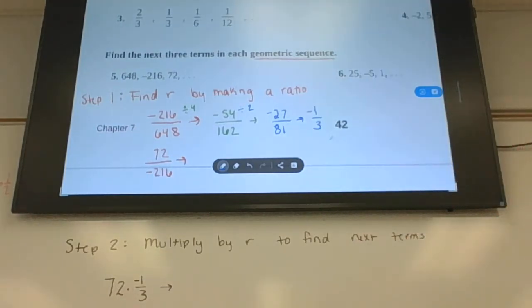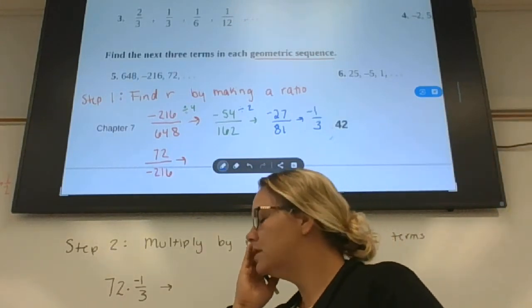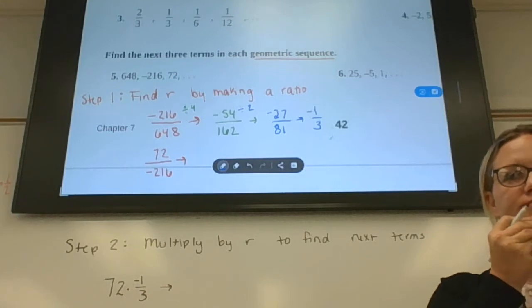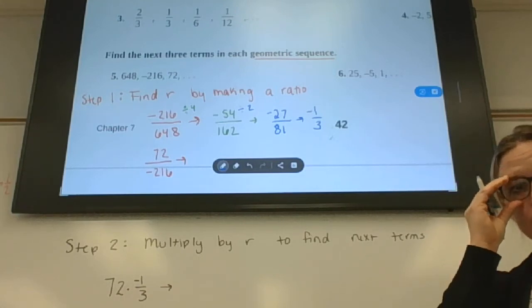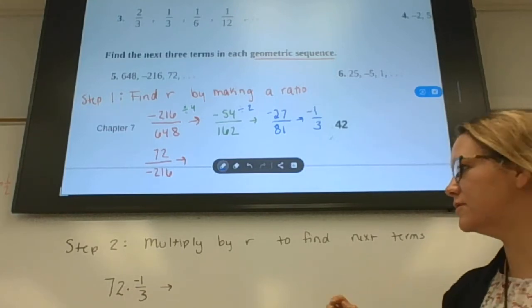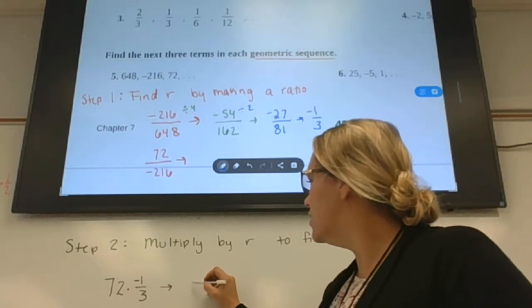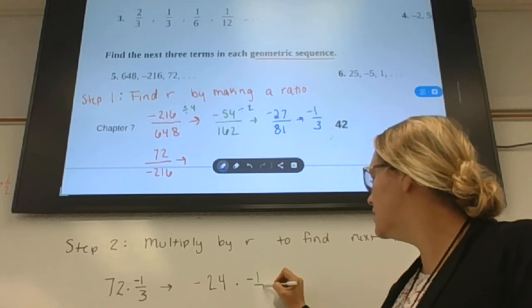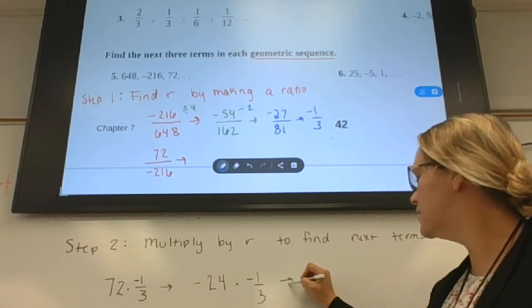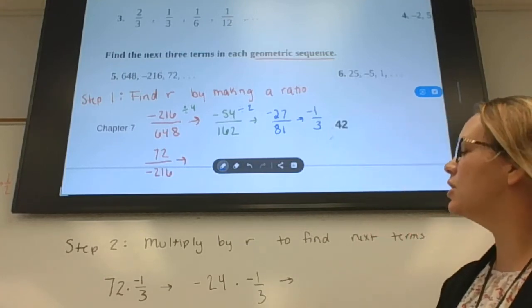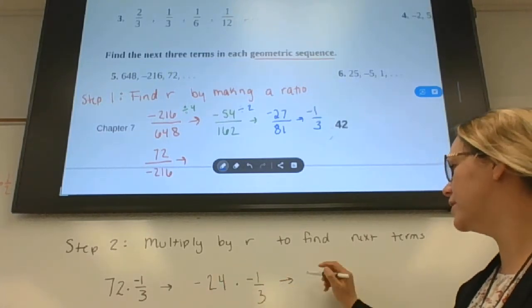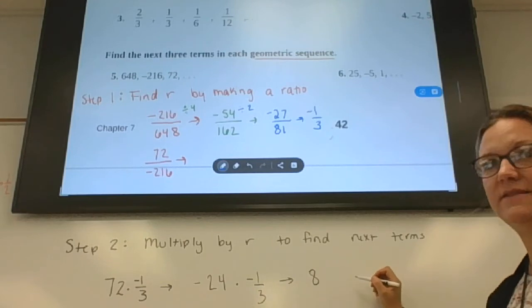Should always have the same ratio. 72 divided by negative 3 is negative 24. So negative 24 will be our next one. Then it's going to go positive. So negative 24 times negative 1/3 is going to give us a positive 8.